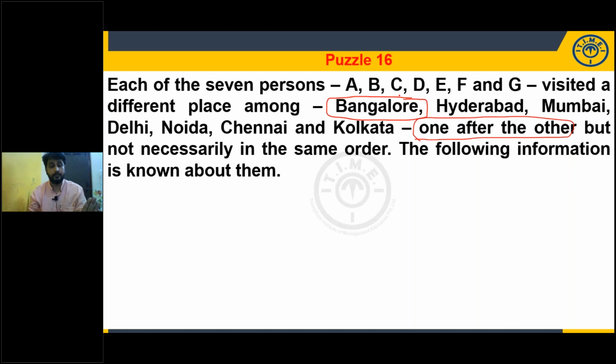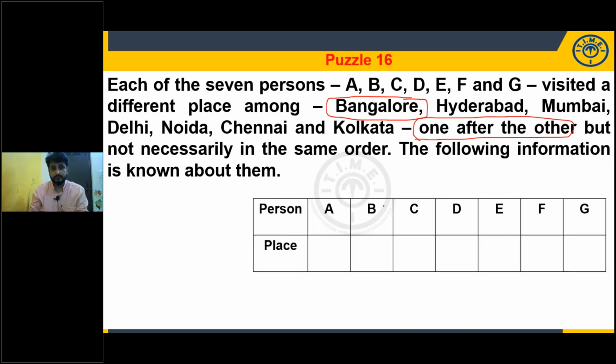So this model is important. What is the basic structure? Sorry, it is not the basic structure. You should take 7 positions. Okay, it is one after the other model.